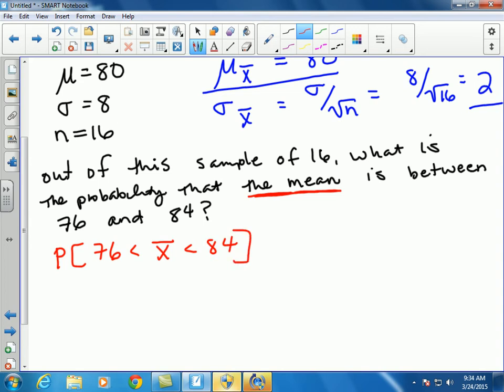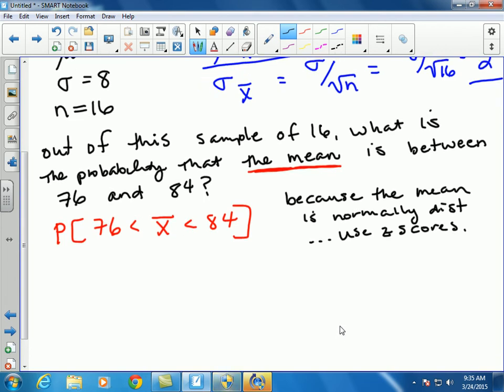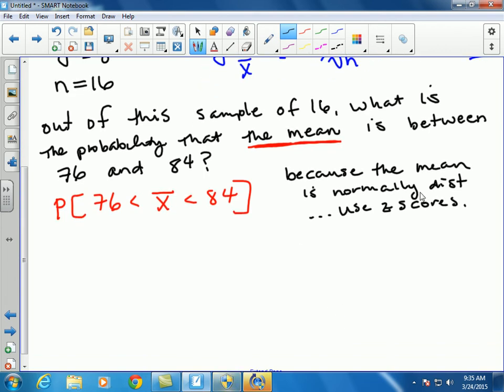Okay, and because the mean is normally distributed, we use z-scores. So we would go there and convert it to a z-score.